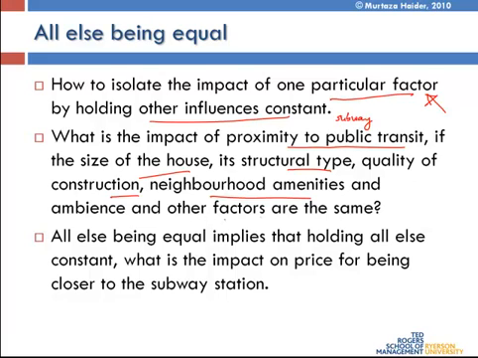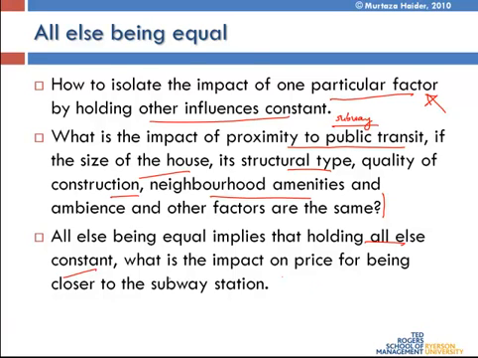Like if we control for everything else, can we then see that those homes located near the subway stations sell for more? And then all else being equal implies that holding all else constant, what is the impact on the price for being closer to subway station?